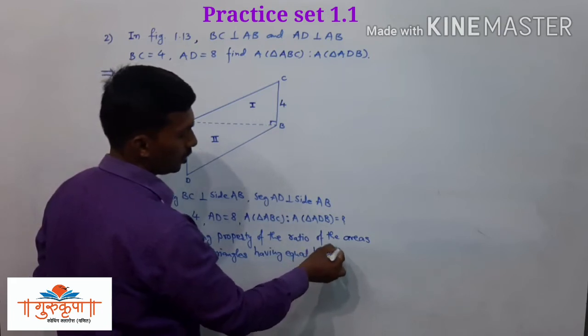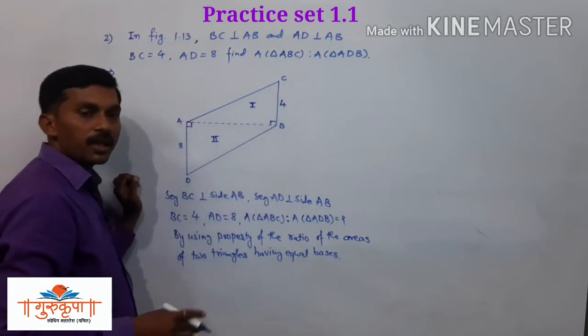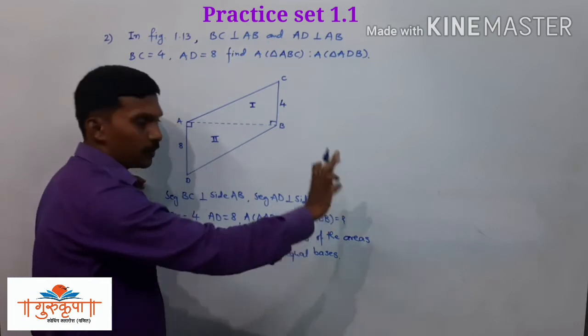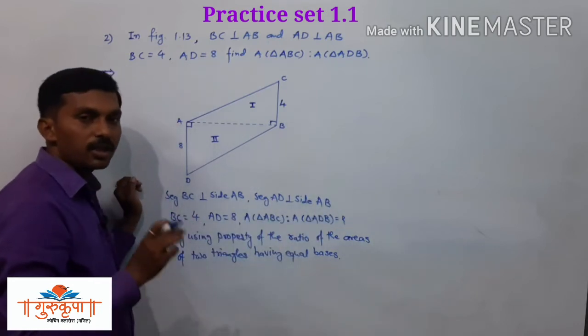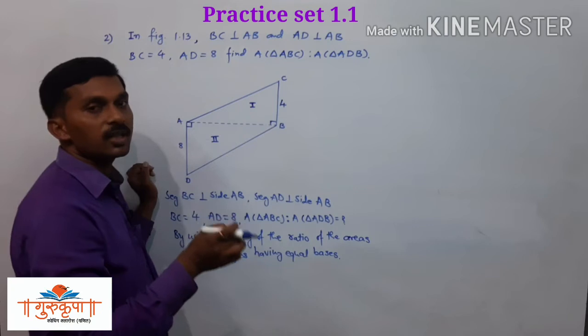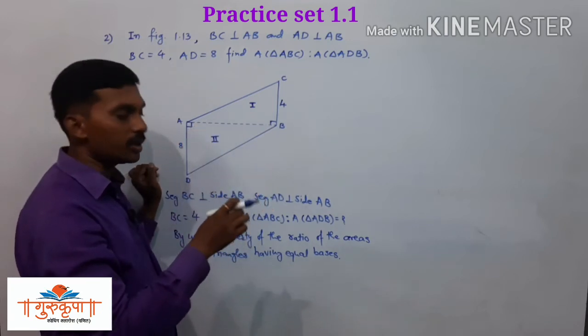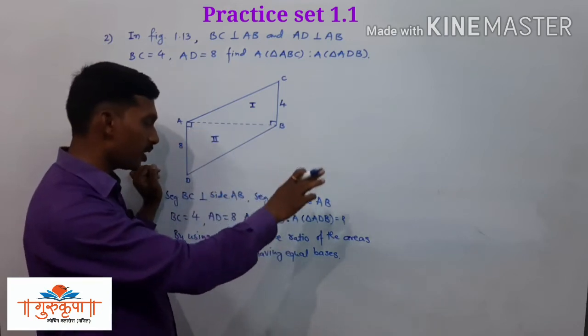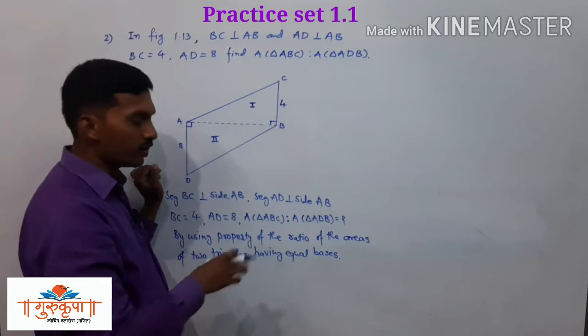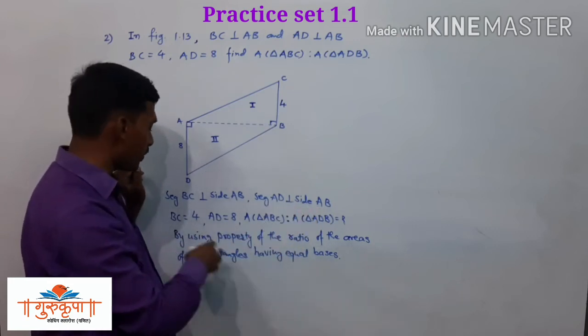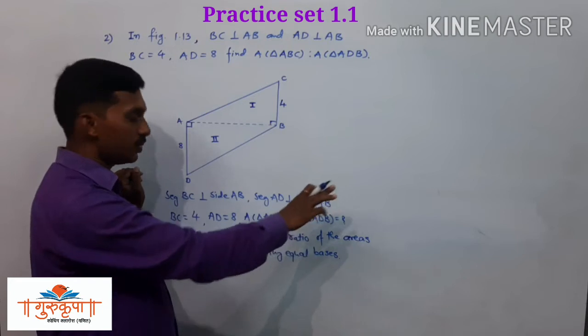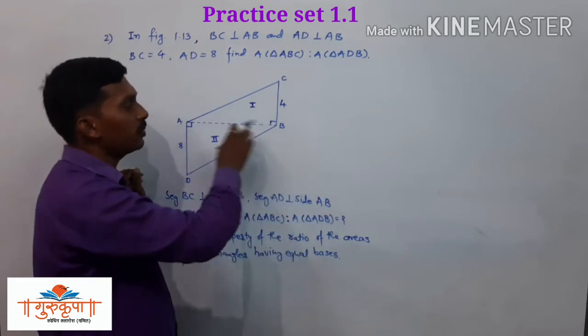Or simply you can write the whole property here. What is the property? The ratio of the areas of two triangles having equal bases is equal to the ratio of their corresponding heights. You can write the property here, or simply you can write by using the property of the ratio of the areas of two triangles having equal bases.